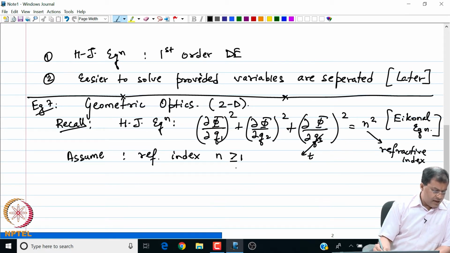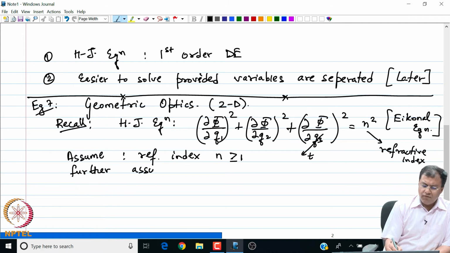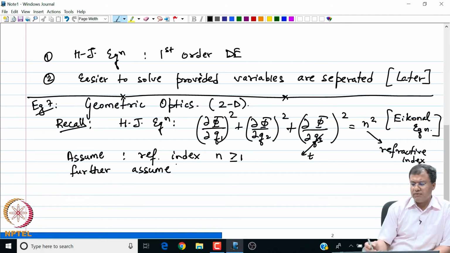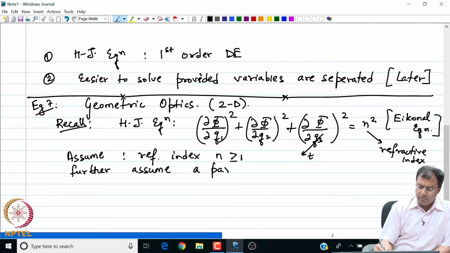Okay. And further we assume a particular form of the refractive index, so that we are able to solve this equation.